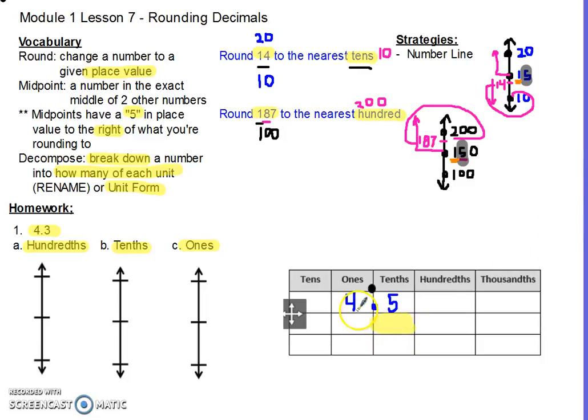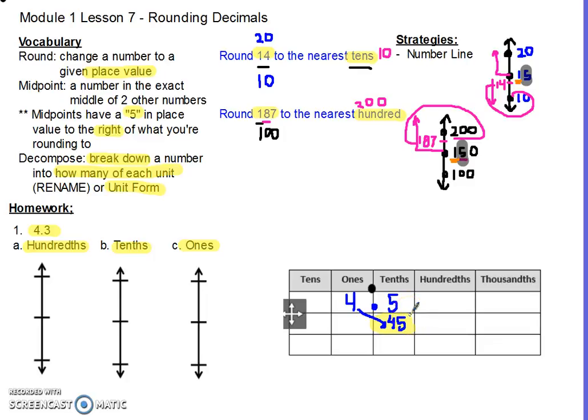To do that, I would bring this 4 over here, because I can unbundle those 4 into 10 units or 10 discs in my tenths, and that would become 45 tenths.